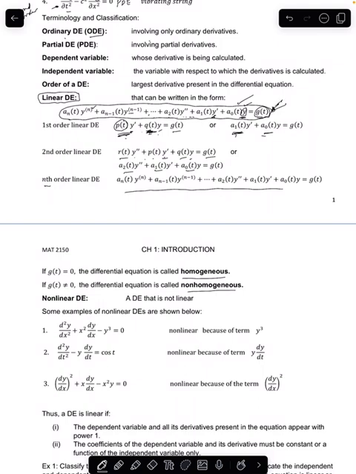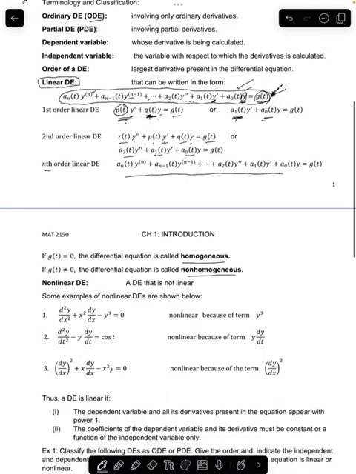Remember, it is the function on the right side of the differential equation, the quantity which was without the independent variable or its derivatives, the quantity which is only a function of t. If that quantity is 0, then the differential equation is called a homogeneous differential equation. And if g of t is not 0, it is some function of t, then the differential equation is called non-homogeneous.